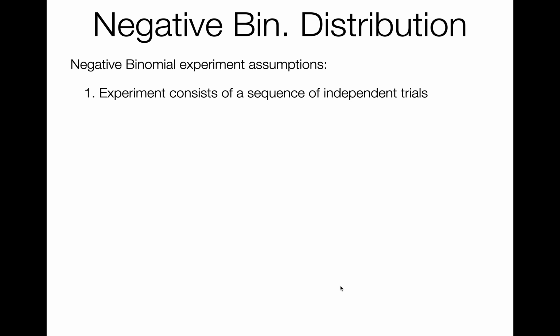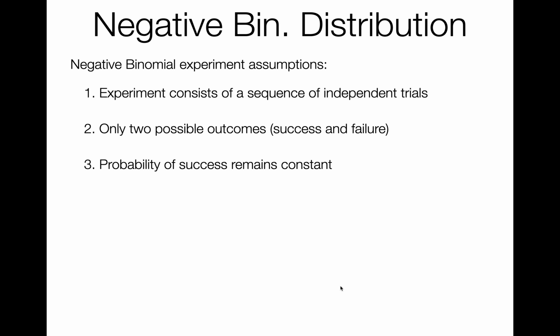So the first assumption in a negative binomial experiment is that it consists of a sequence of independent trials. These assumptions are going to look very similar to the ones for the binomial distribution. So we've got independent trials, meaning one does not affect the other. There are only two possible outcomes, success and failure. Great. The probability of success remains constant, which is what we're used to.